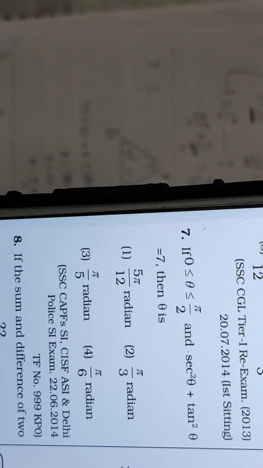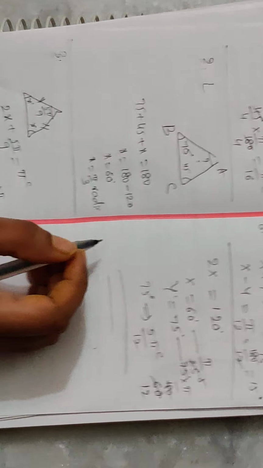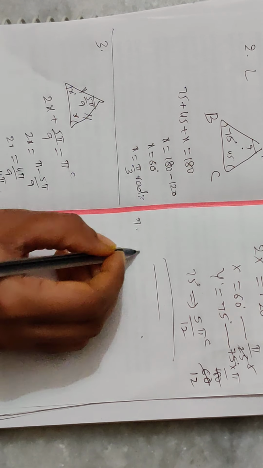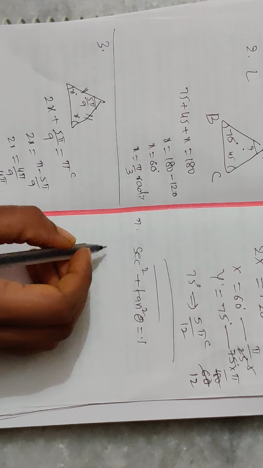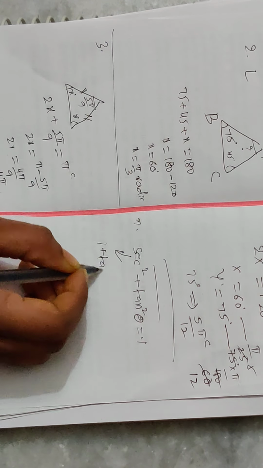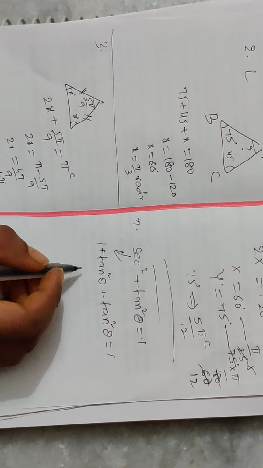Let us say secant square theta plus tan square theta is already given as 7, but we know that 1 plus tan square theta is secant square theta.